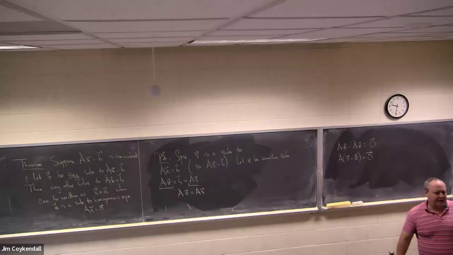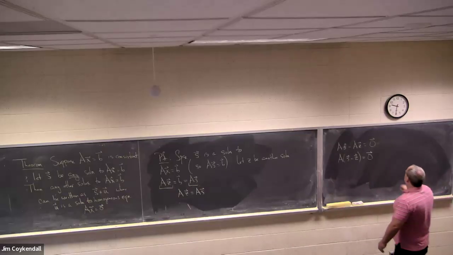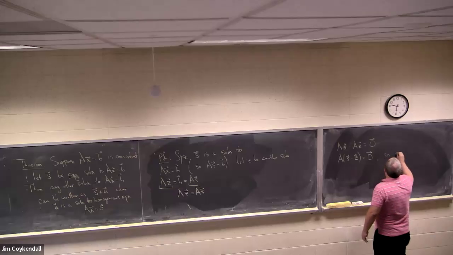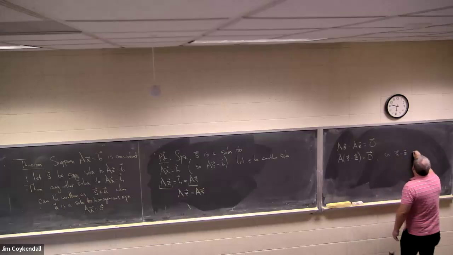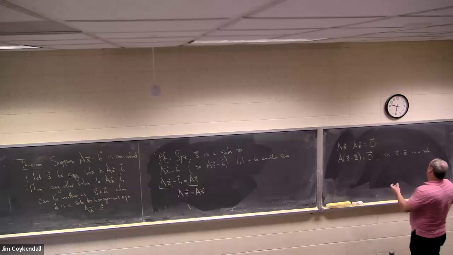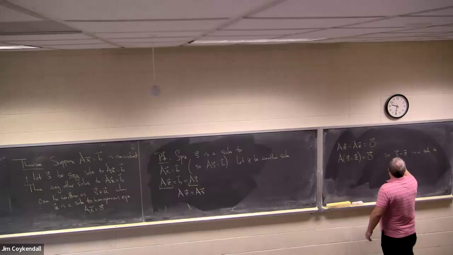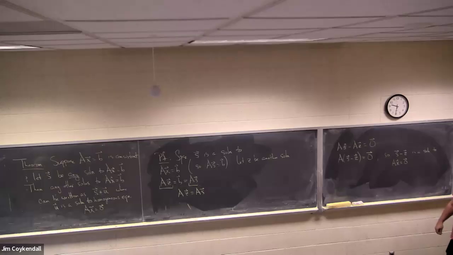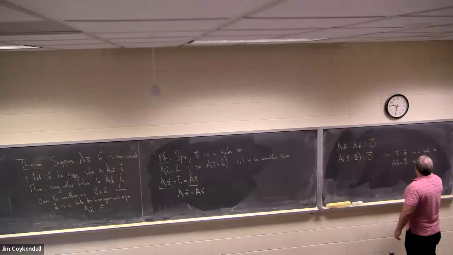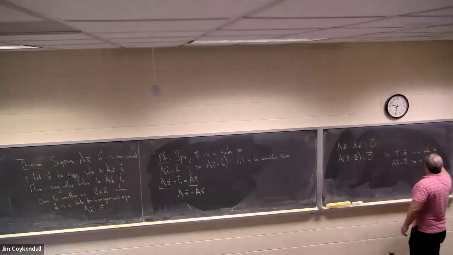What does that mean about S minus Z? And actually, I did this up again, but I want to do it the other way. S minus Z is a solution to AX equals 0, right? And so is Z minus S, right?